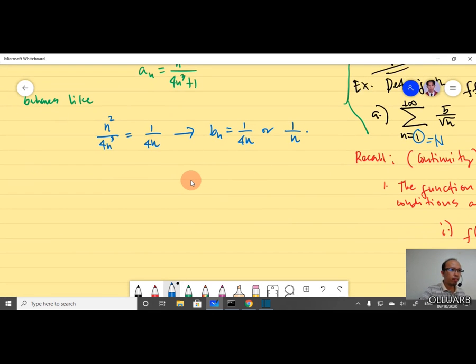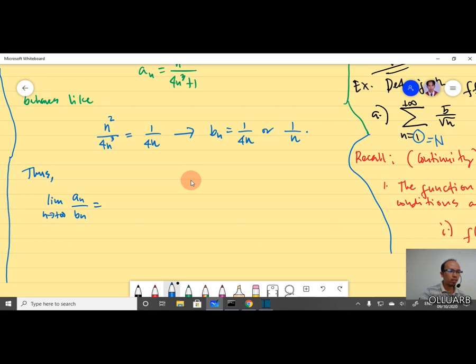Thus from here, the limit of a sub n over b sub n as n approaches positive infinity.